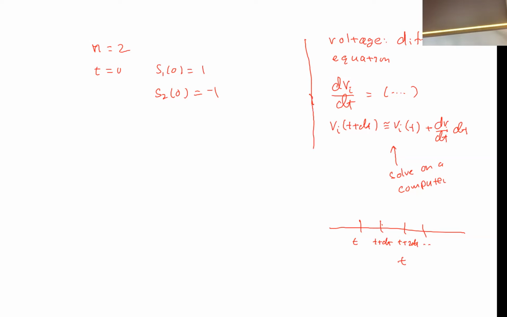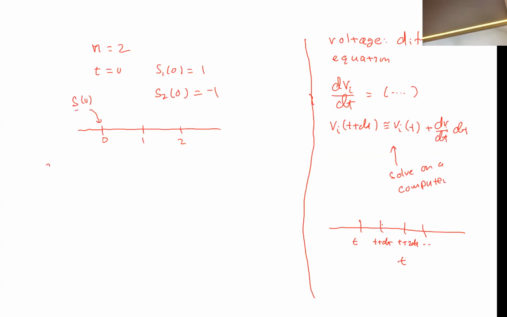Discretization is in some ways how differential equations are solved. The only difference is that time is now, instead of dt, 0, 1, 2. So we know S_i at 0, say S of 0.